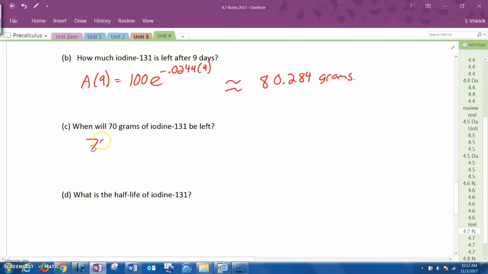Let's set it up. We want to know now how long it'll take to get 70, starting at 100. But I find that these go fast with algebra, so I'm going to just do the algebra way. But again, you can do y1, y2, change your window, find the intersection point. First thing we have to do to solve it algebraically is divide by the 100. And 70 over 100 is 0.7.